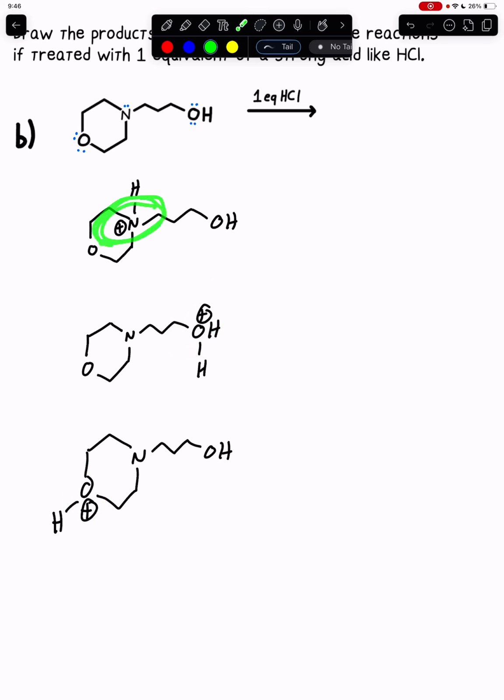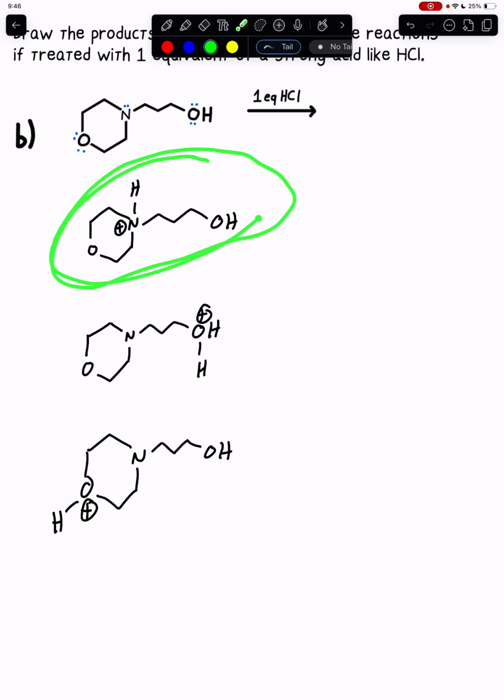Nitrogen is less electronegative, so it handles that positive charge better. So whether you evaluate the stability of this conjugate acid here that I'm circling, or you evaluate the basicity of these electrons, it's going to tell you the same thing, and that is that this is going to be the product because the nitrogen is the one that is going to get protonated.